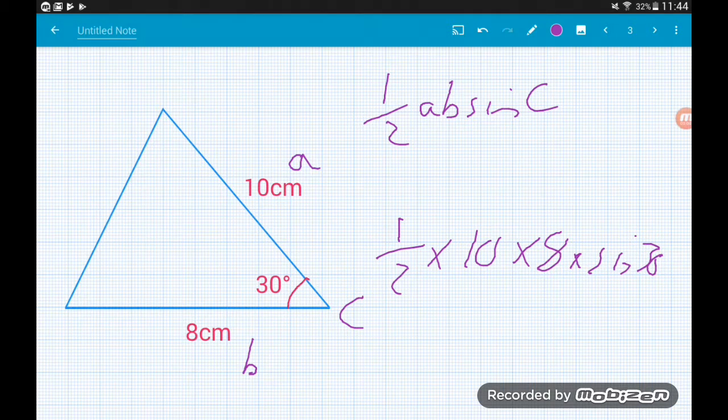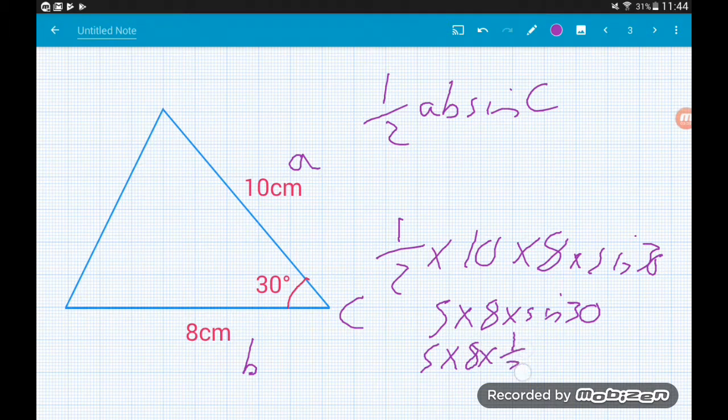Now if you put that into your calculator, obviously it will tell you the answer. Let's have a go doing it without. So 1/2 times 10 is 5. So then we've got 5 times 8 times sine 30. Now sine 30 is one of our standard trig values that we're supposed to know. Sine 30 is equal to 1/2. So we've got 5 times 8 times 1/2.